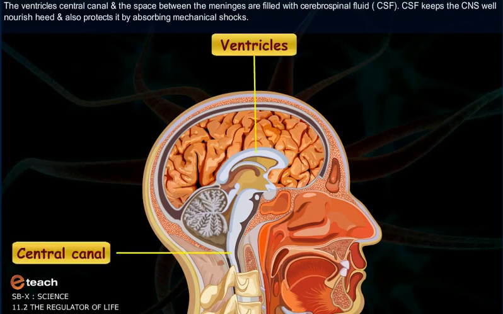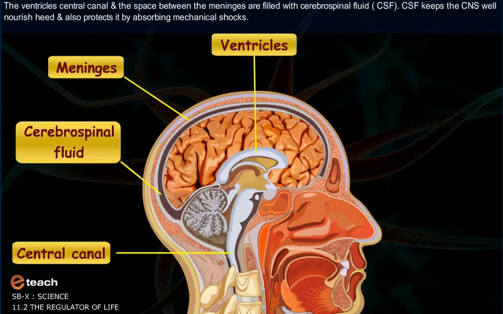The ventricles, central canal, and the space between the meninges are filled with cerebrospinal fluid, that is CSF. CSF keeps the CNS well nourished and also protects it by absorbing mechanical shocks.